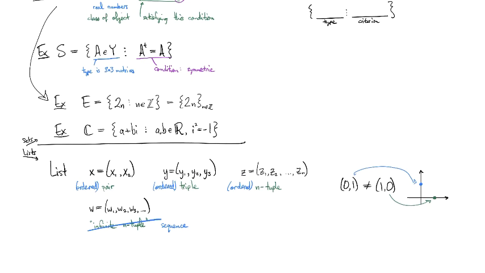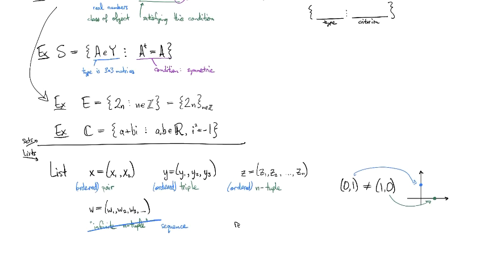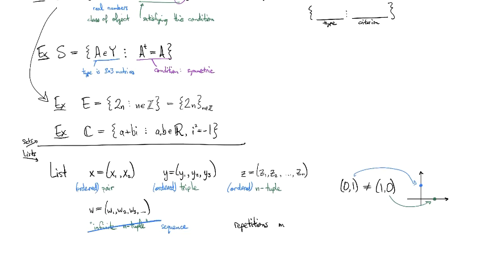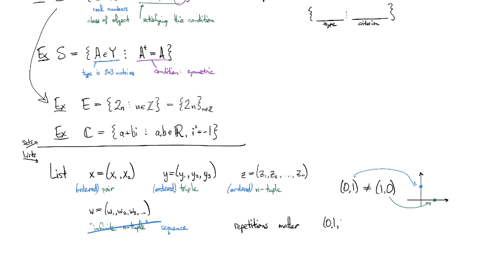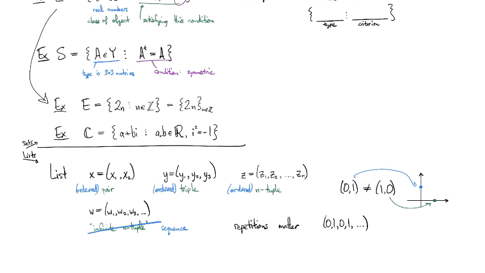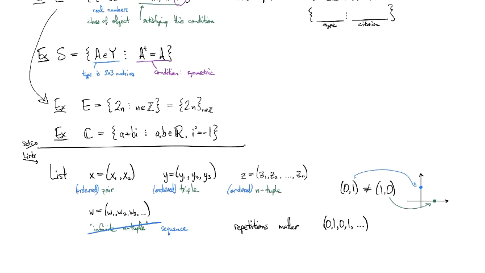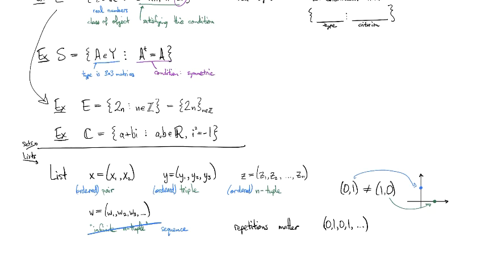All right. I should also mention that repetitions matter. So, if I have a sequence that goes 0, 1, 0, 1, and so on forever, you know that that's a sequence that bounces back and forth between two different values, 0 and 1, infinitely many times, right?